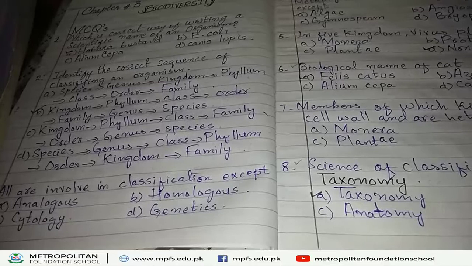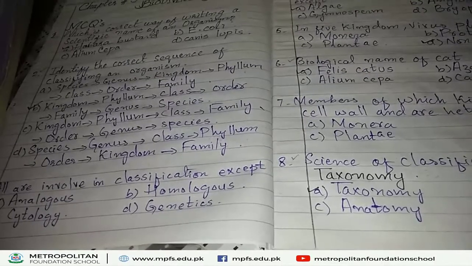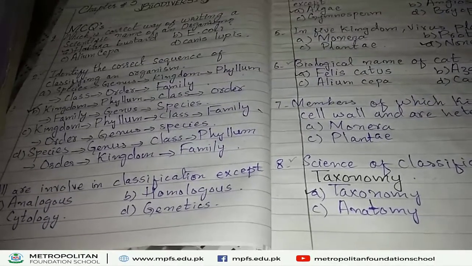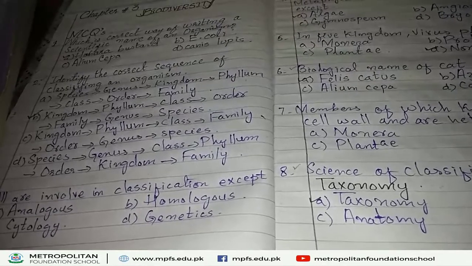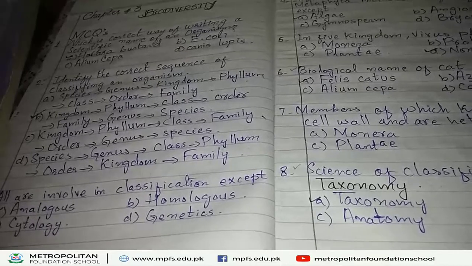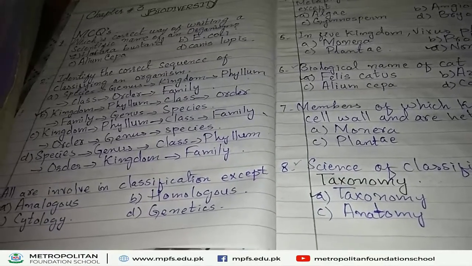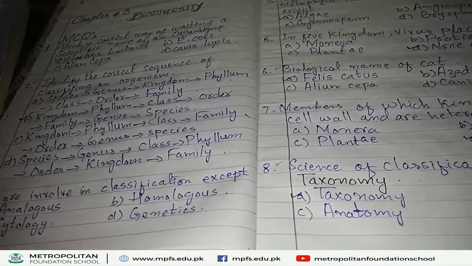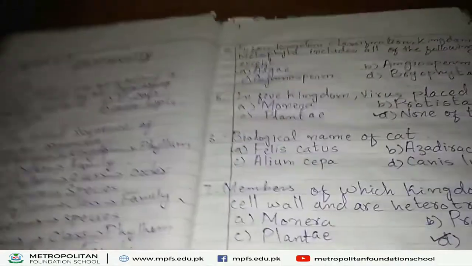In biological classification, analogous characters, homologous characters and cytological characters are all involved. Only one is unnecessary, that is genetics. So the correct option is option D, that is genetics.